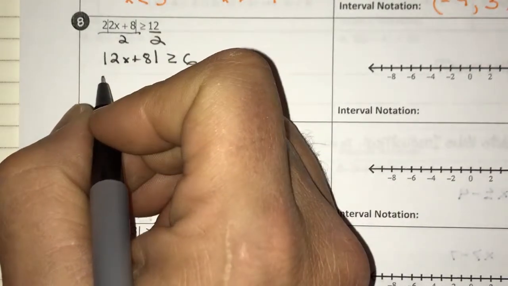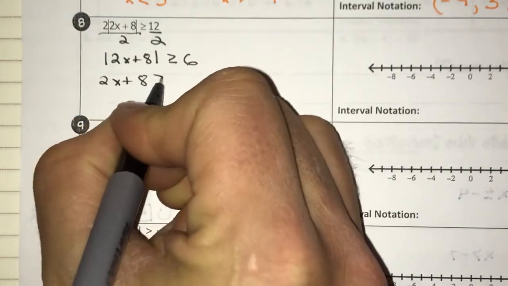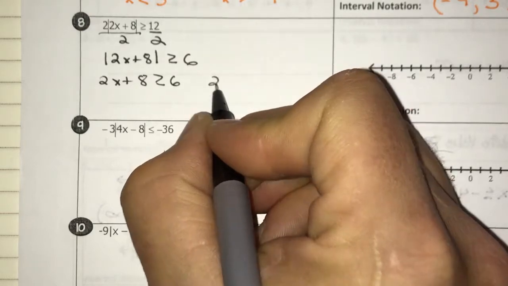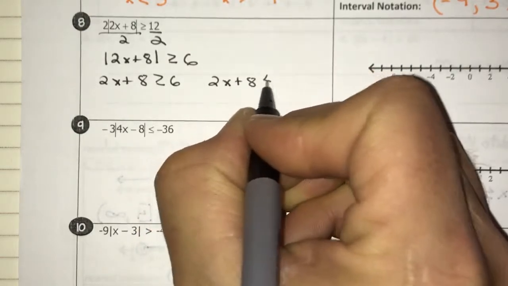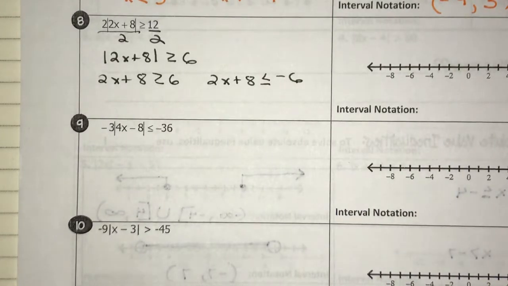And now I could split it up into two inequalities, so I'd have 2x plus 8 greater than or equal to 6. And 2x plus 8 is less than or equal to -6. And then I would solve.